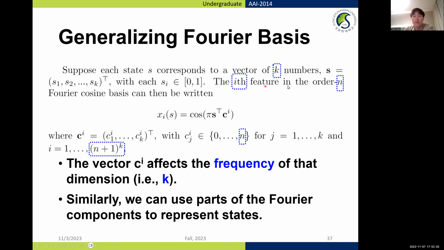Then the i-th feature in the order n Fourier cosine basis can be written.